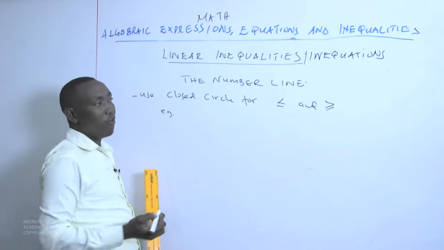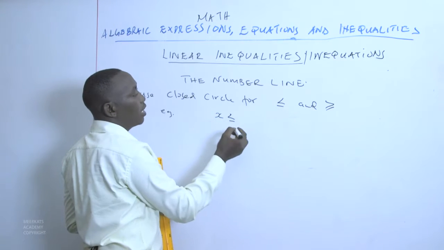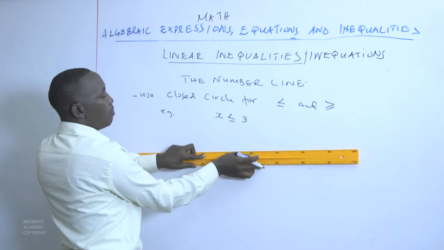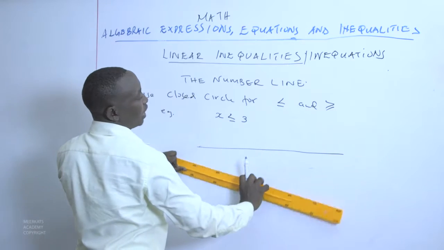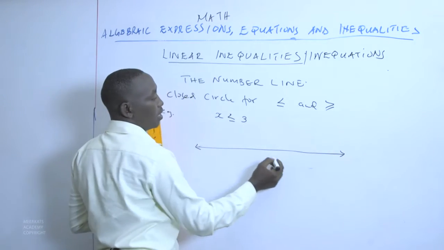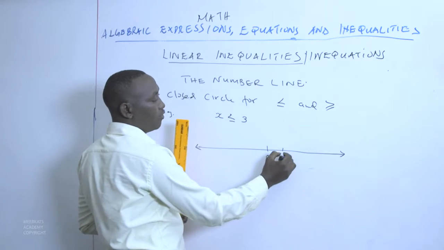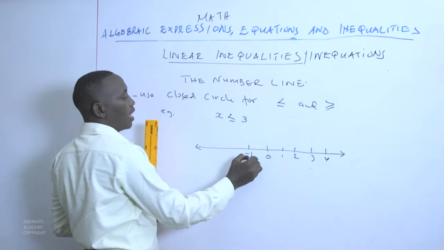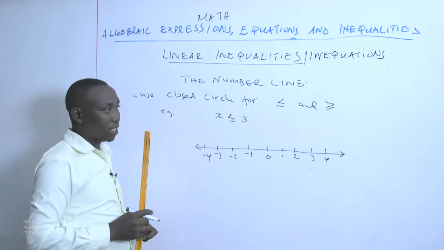For example, if you have a case of x is less than or equal to 3, so you draw up your number line. We have said it's a straight line with arrows on both ends. At the center there we have 0, positive numbers to your right, negative numbers to your left.